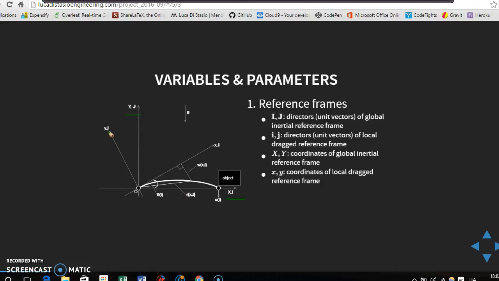And then we have a second reference system denoted by x, y, i, j in small caps, which is a dragged reference system which rotates rigidly with the shaft.